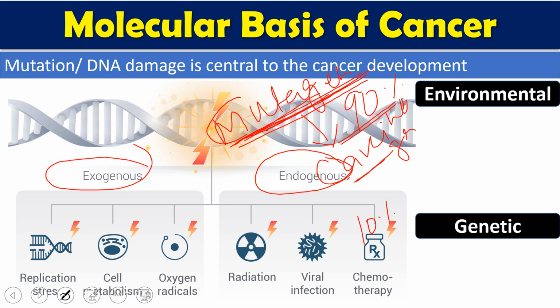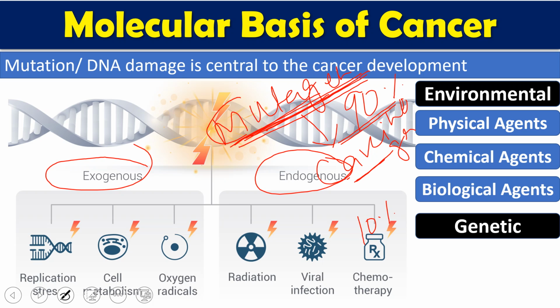These environmental carcinogenic agents can again be divided into three areas: physical agents, chemical agents, or biological agents. A physical agent may be any physical entity which will directly go and bind with DNA and distort it, changing the DNA transcription. Whatever the DNA is going to give you, the protein formation, or you can call it the translation process, will be affected.